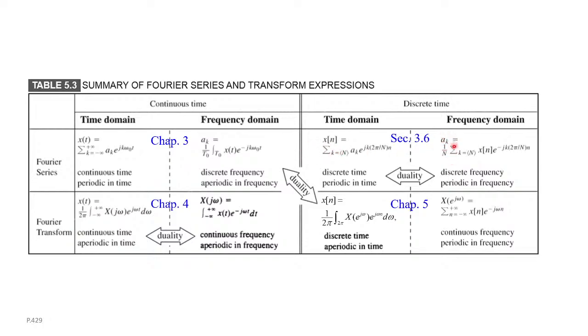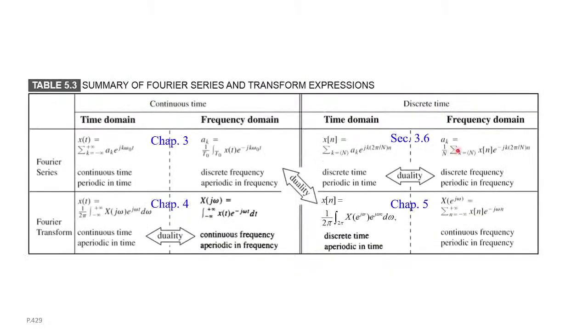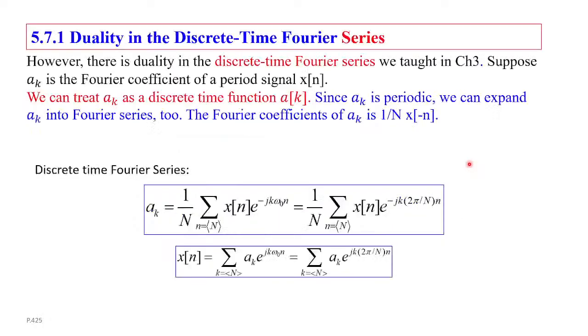And if you think of a_k as a function of k, so instead of writing a sub k, you write a bracket k, now a_k is a function of k. Then you will see that this equation and this equation are very similar. Just a different minus sign here and you swap x and a.